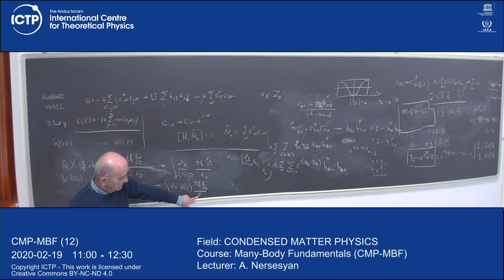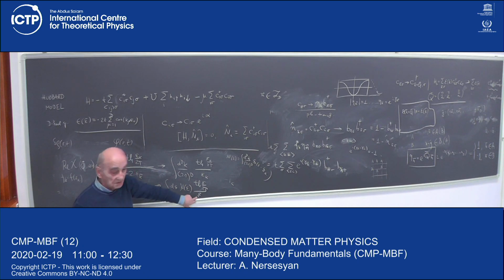Now we're looking at this integral. When epsilon is smaller than the temperature, then the tangent is no longer singular at epsilon, because at very small epsilon, it's linear in epsilon and cancels with the factor 1 over T. But at greater values of epsilon, it reaches values of order 1, and you are left with 1 over epsilon.